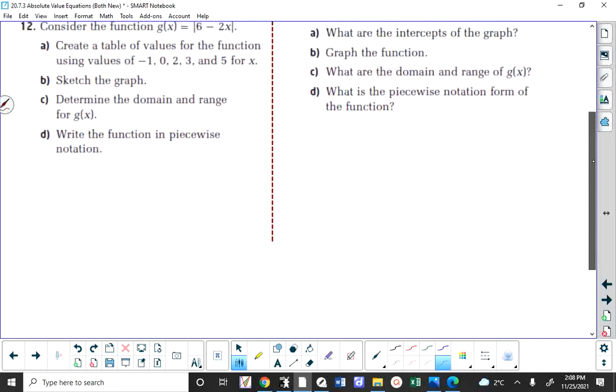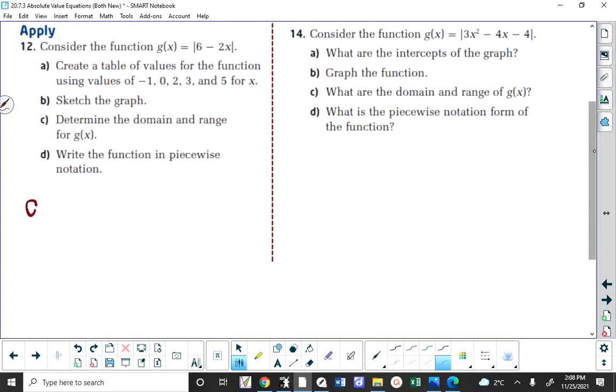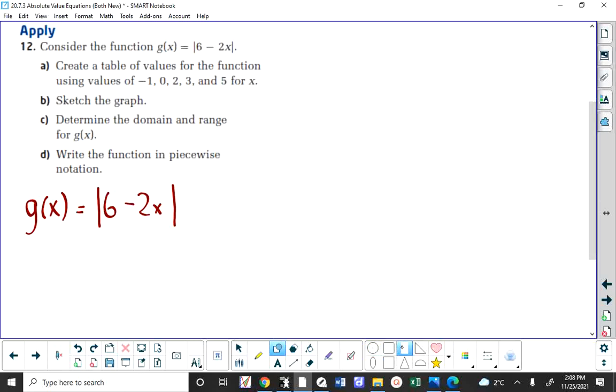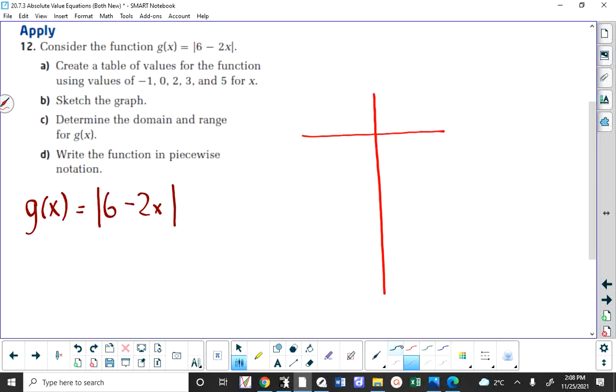in question 12, we're given a function. The function is g of x equals the absolute value of 6 minus 2x. And we want to create a table of values using those specific values for x. What does that mean? It means that we are going to use values of -1, 0, 2, 3, and 5, and put those numbers in for x to calculate the corresponding y values.